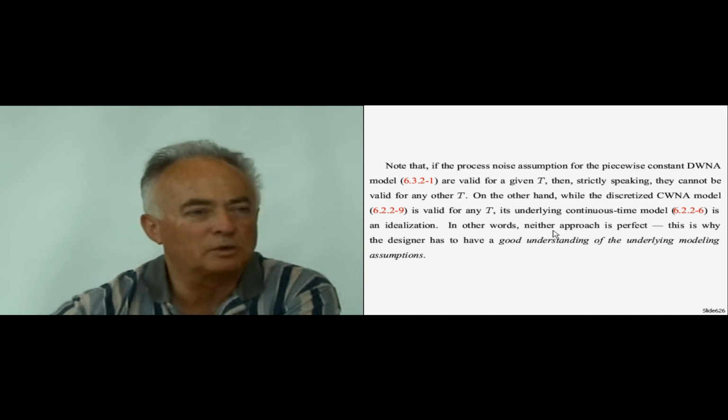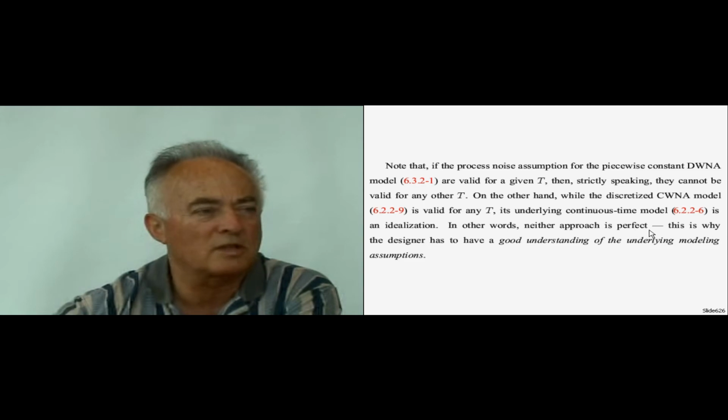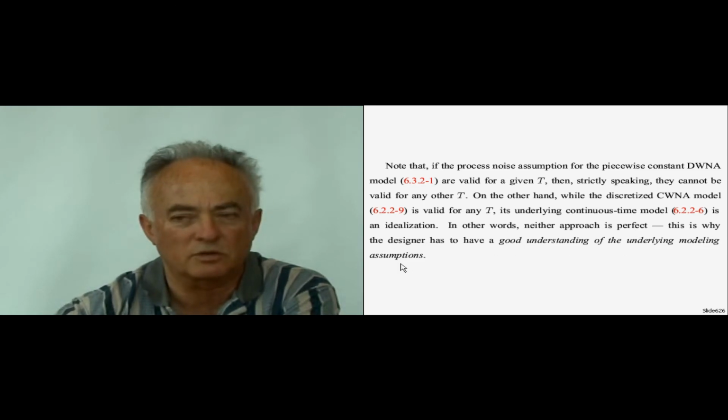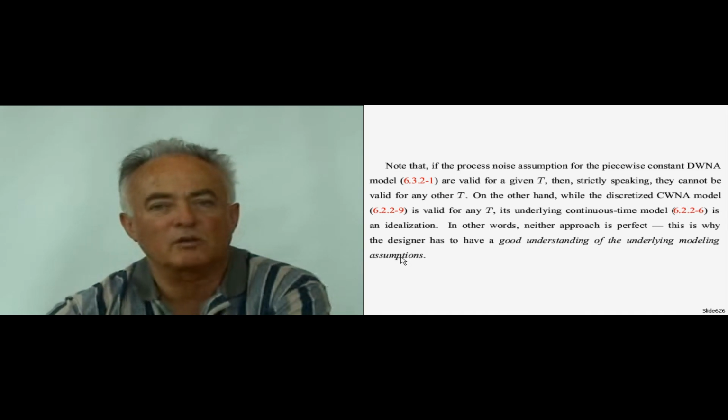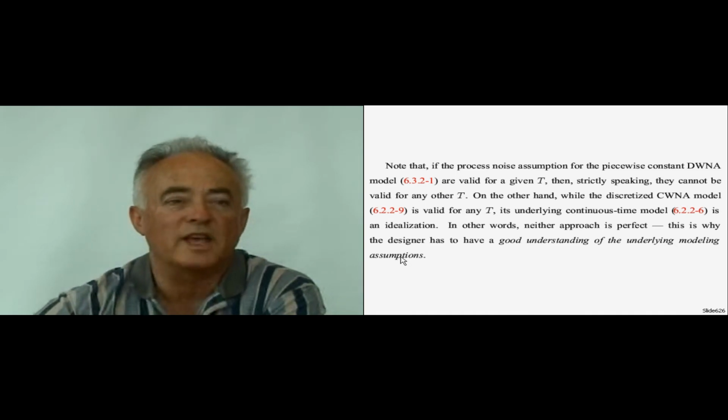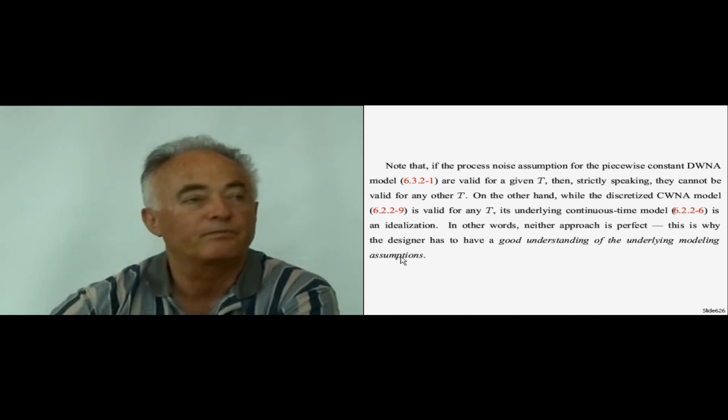So neither approach is perfect. This is why the designer has to have a good understanding of the underlying modeling assumptions. You need to know which model makes what assumptions, how close they are to reality, and then possibly try several models, carry out the trade-off, and eventually do some simulations on an actual scenario.